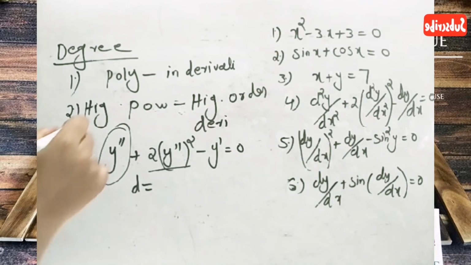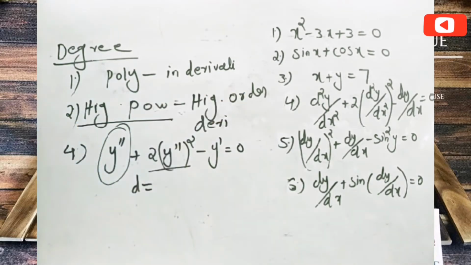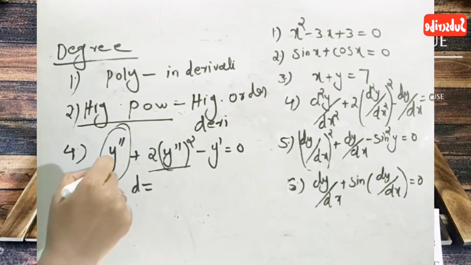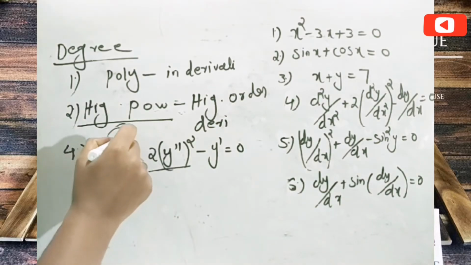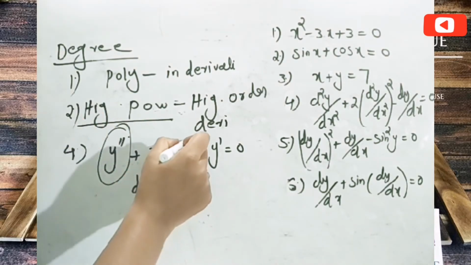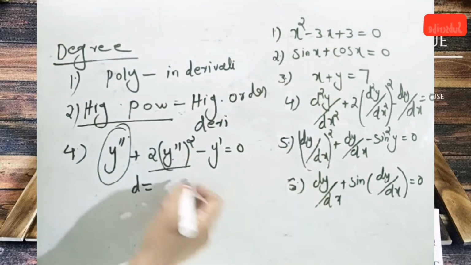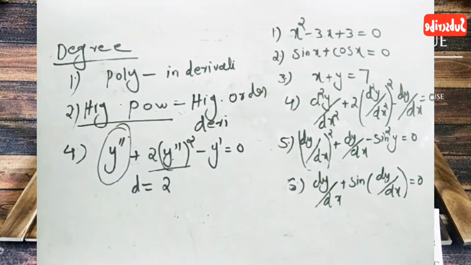Degree means highest power of highest order derivative. What is the power of y double dash here? That is 1, and here the power is 2. So the highest power is 2. Therefore, the degree of that fourth equation is 2.